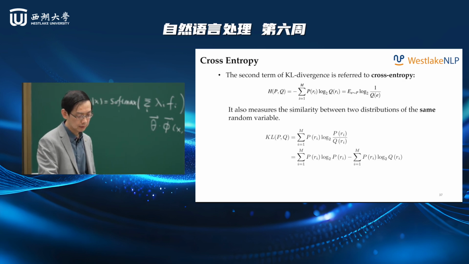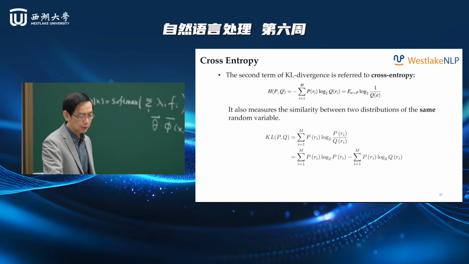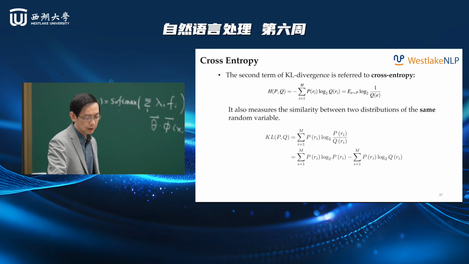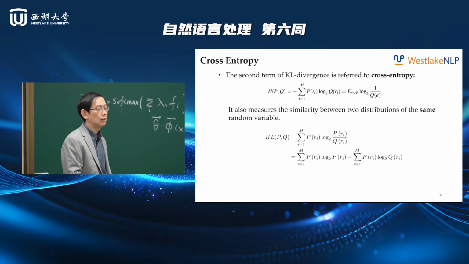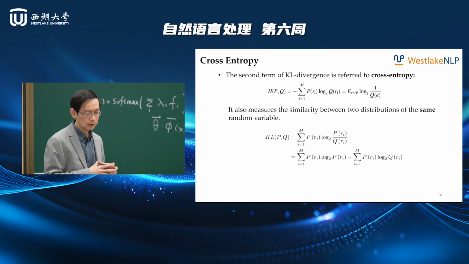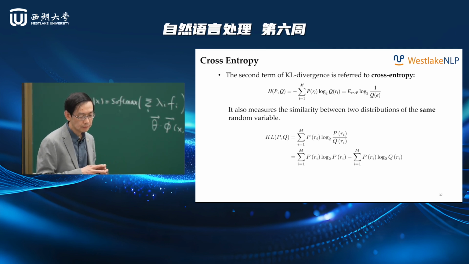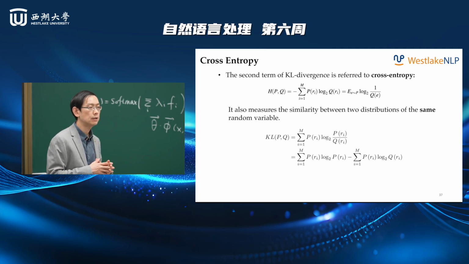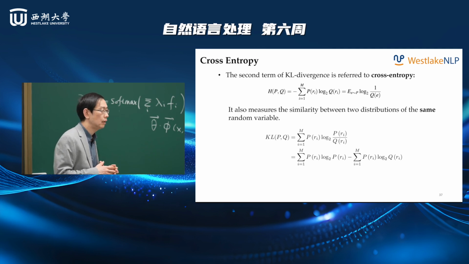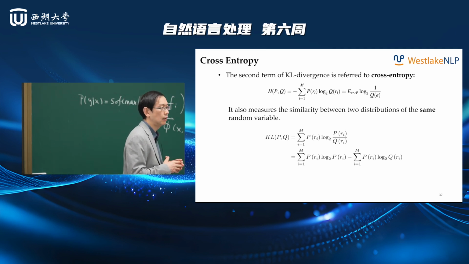So formally, I use H(P, Q) to denote a cross entropy, which is to use the distribution P to find the mathematical expectation of minus log 2 Q. In the textbook, you will see that cross entropy is always higher than the entropy itself.